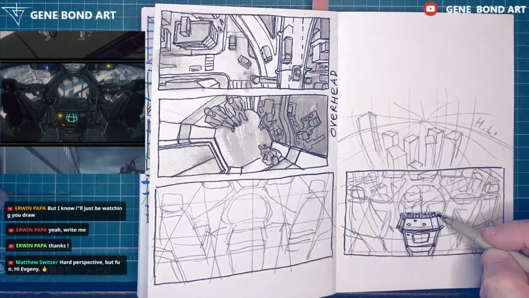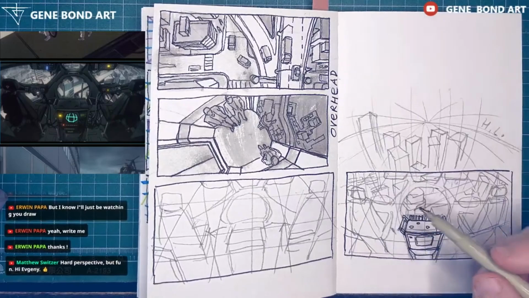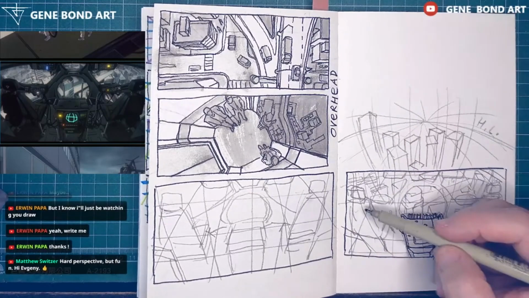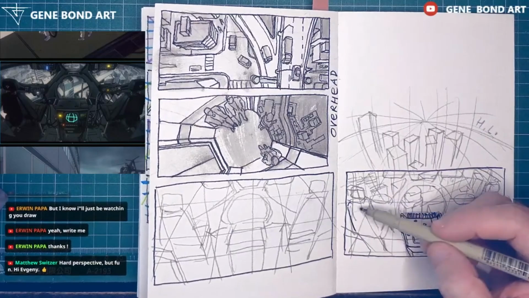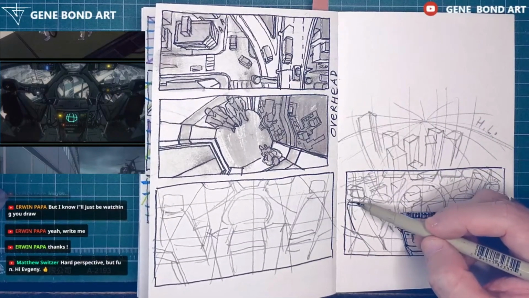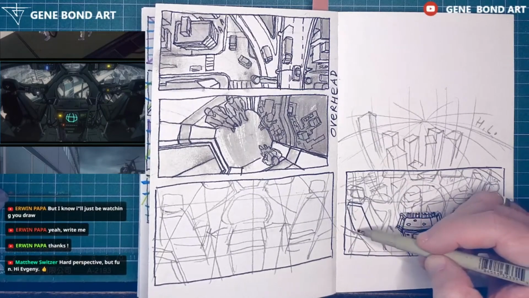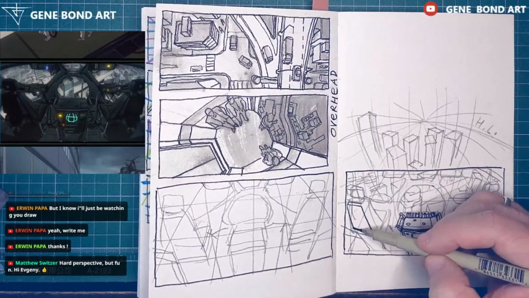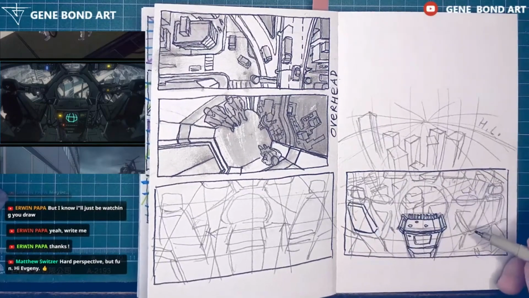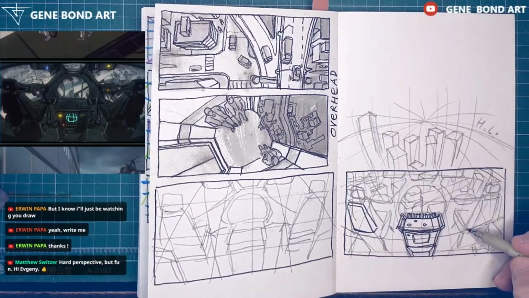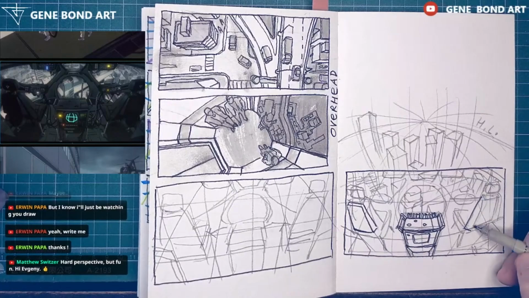Because talking about perspective itself, solely perspective, is just about the XYZ axes. That's it. You just need to know how to establish space. Yeah, in the box. Let's say in the box.